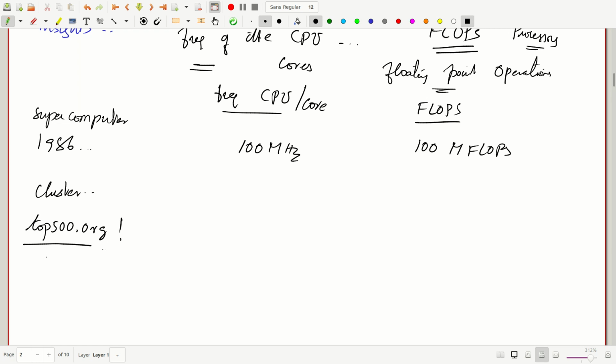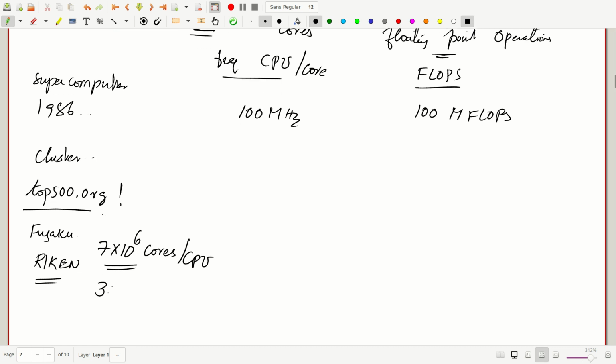So the Fugaku, I think, is the fastest supercomputer, housed in the Riken Center for Computational Science in Japan, and it has around 7 million cores or CPUs.